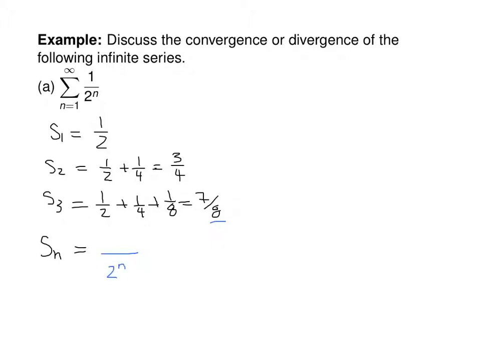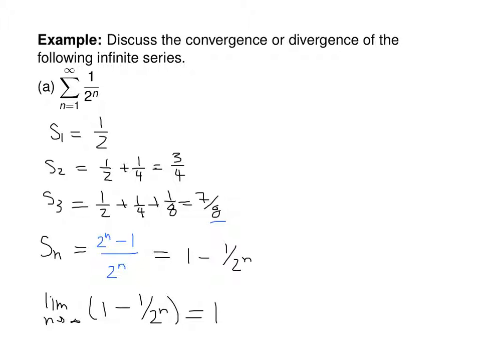And the numerator is 1 less than the denominator, so 2 to the n minus 1, which if you divide both terms by 2 to the n is 1 minus 1 over 2 to the n. Thus the limit as n goes to infinity of 1 minus 1 over 2 to the n is equal to 1. So this sum converges and it equals 1.